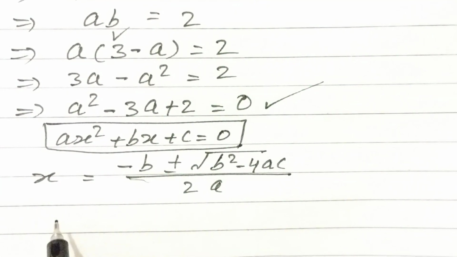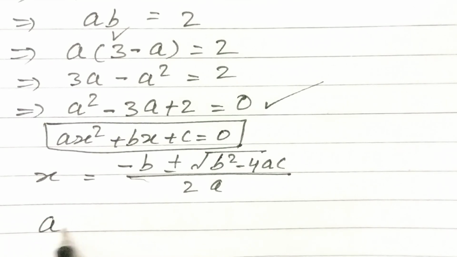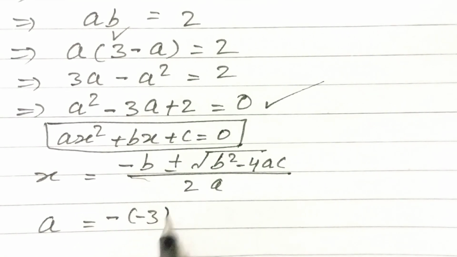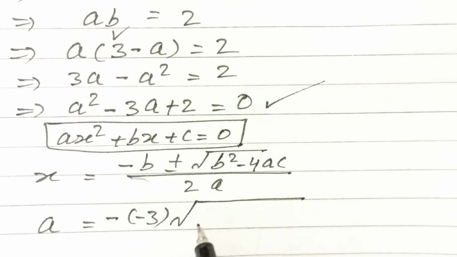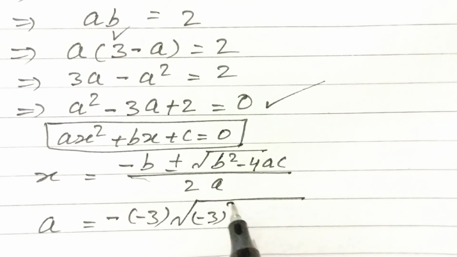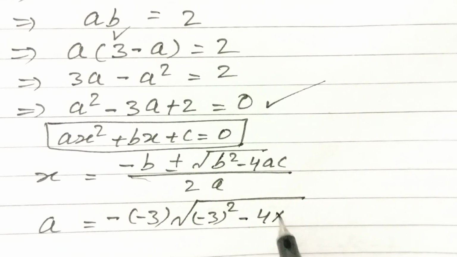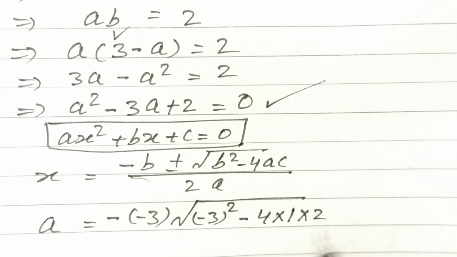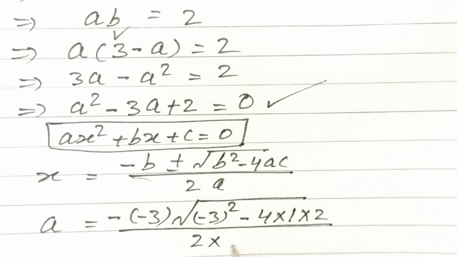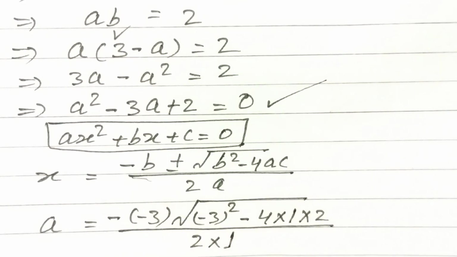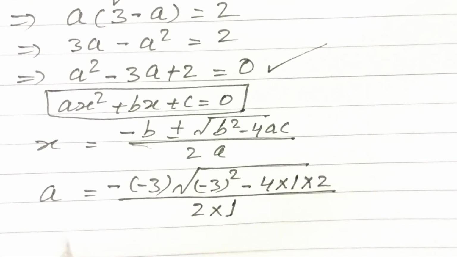Now if we take this equation, a will be equal to minus of minus 3 plus minus square root of minus 3 square minus 4 into 1 into 2 over 2 into a, which is 1, right?